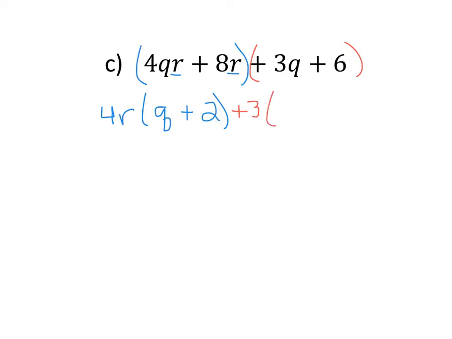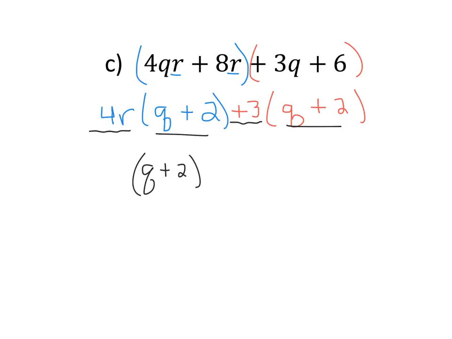When I factor out that positive 3, I'm left with Q plus 2. Again, notice how I have a common binomial of Q plus 2. That is our first term. And the leftovers will be the second term, 4R plus 3.